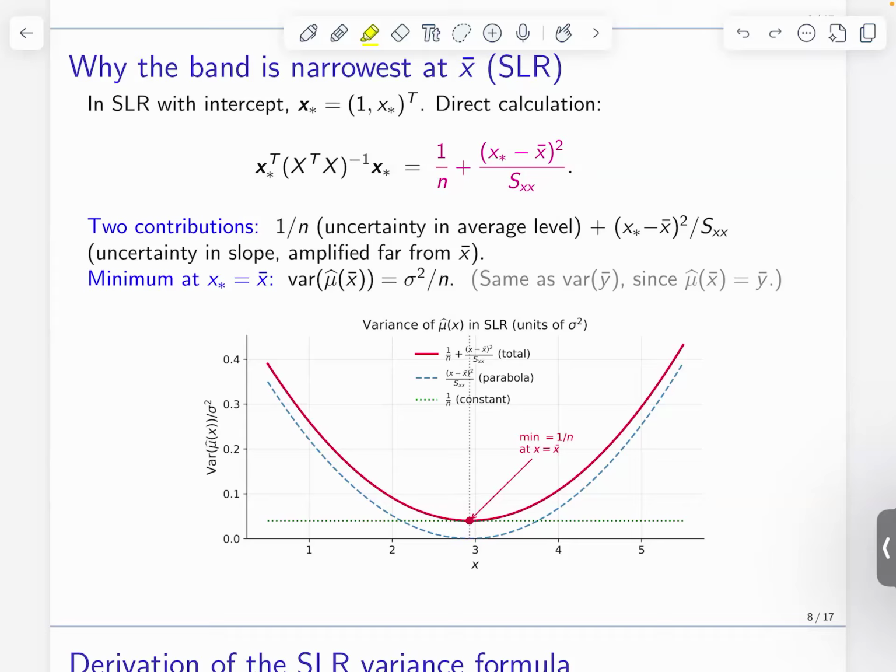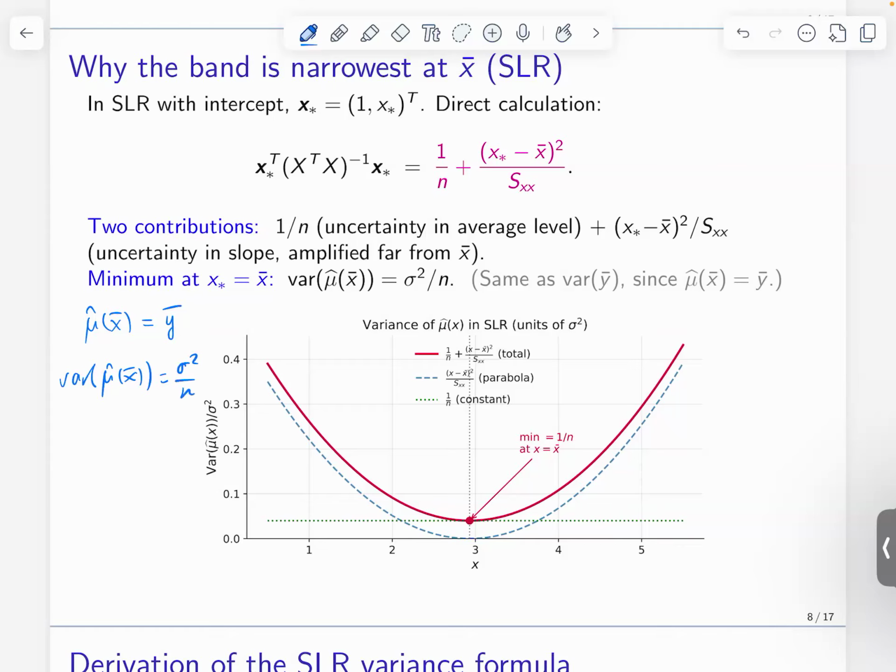At the center, you could verify easily that mu hat of x bar would be equal to y bar in the simple linear regression. If you write down the formula at the center, your estimate of the regression line would be the average of the y's, and we know that the y's are IID. So the variance of this would be 1/n times the variance of a single observation, which is sigma squared.